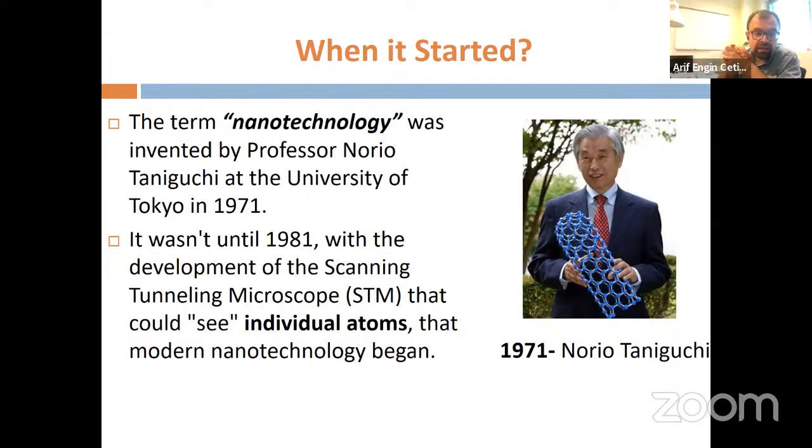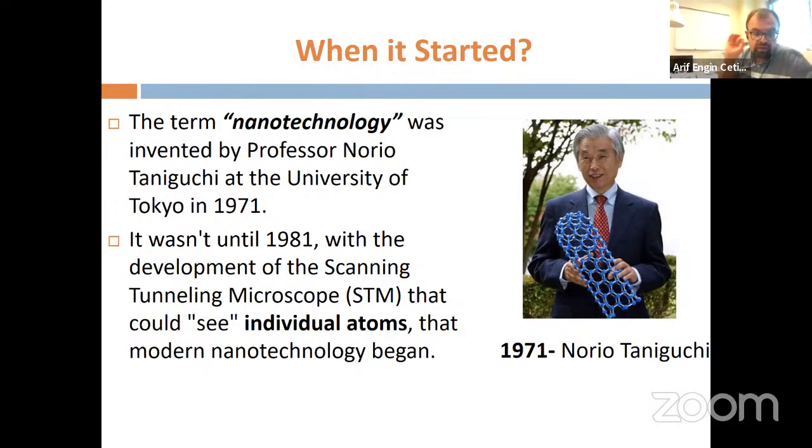In 1981, with the development of STM, the scanning tunneling microscope, we can start to see individual atoms. Till that time, we couldn't really monitor anything about nanometer scale. What we could see was, for example, chemical reactions, or the interaction between atoms or molecules, through looking at their effects in microscale.